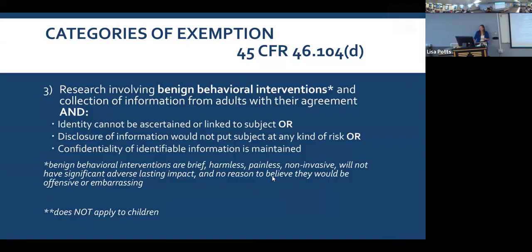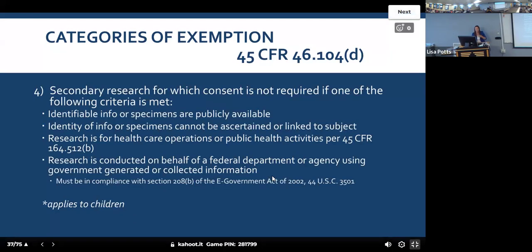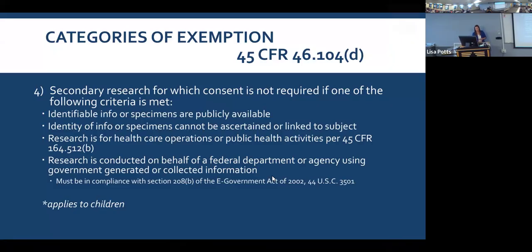Okay, so benign behavioral interventions, again, where you can't identify them, or if you could identify them, that disclosure won't put them at risk. I'm going kind of quickly through these; you can read all the details to see what applies to you.